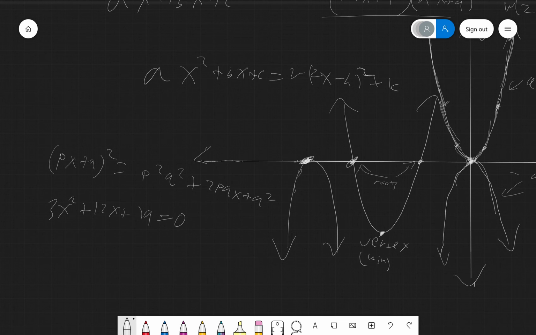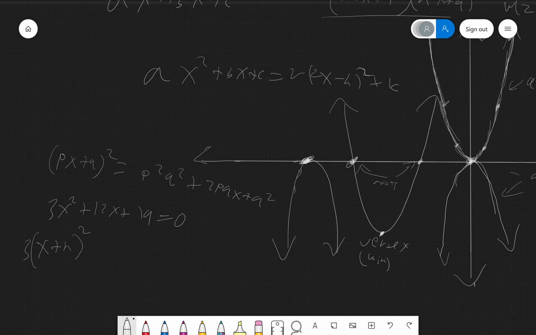Now, completing the square is where we wish it were a square, and we can use that to get the vertex form. So, let's say we had, so if you were to complete the square, then completing the square would mean doing 3 times x plus n squared, right?